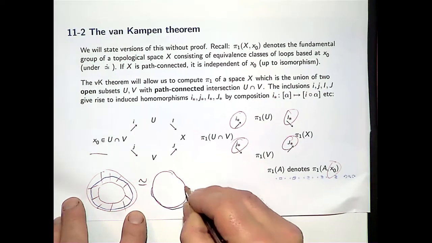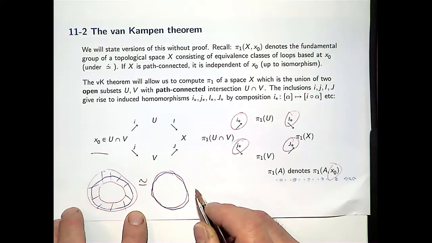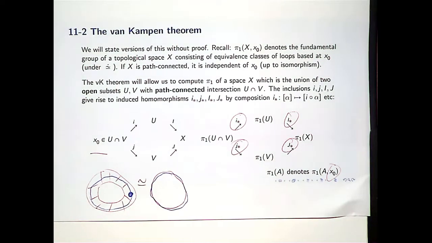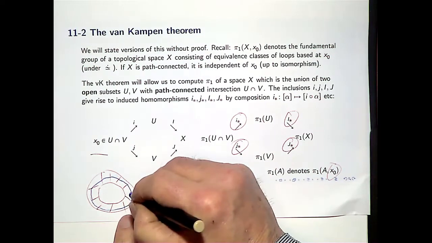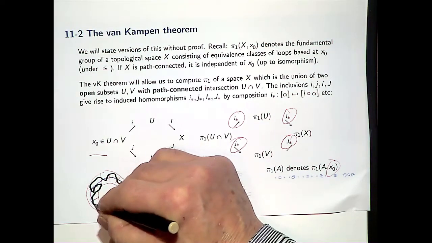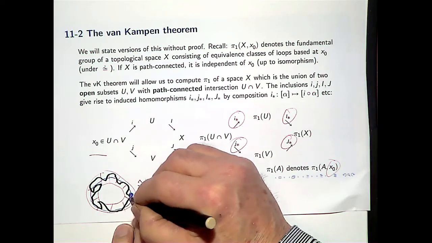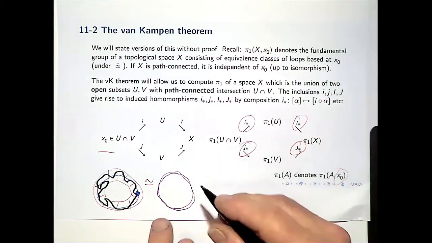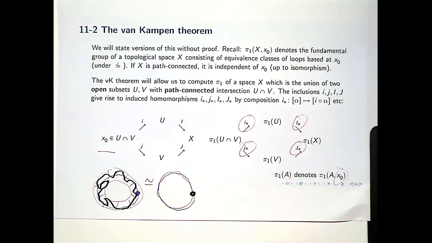Maybe that's the circle I've chosen. If I have a base point on that circle, I could take a loop, and a loop in the annulus could squiggle around. There's lots more space for it to fool around. But it's fairly clear, I think, that it will be homotopic to a loop on the circle. It can be deformed, let's say.